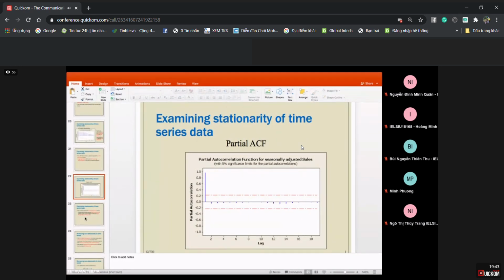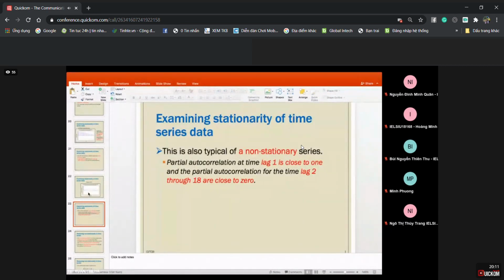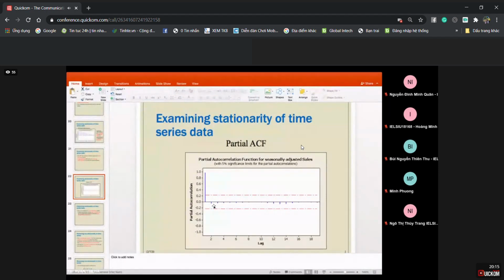If you look at the partial ACF, only one lag is significant, just lag 1 is significant, equal to 1. And the rest is near 0.